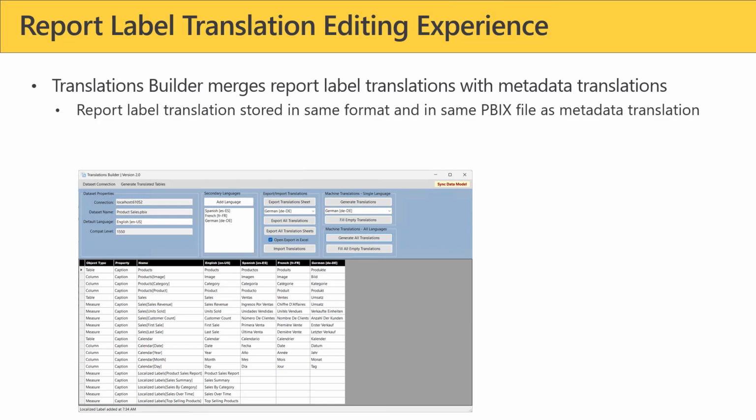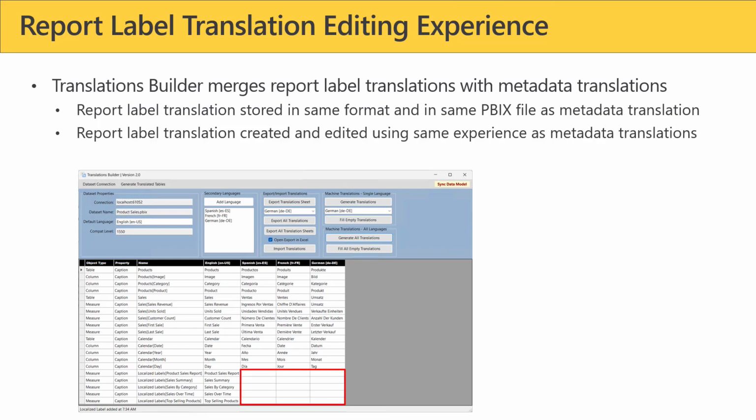That works great, except now the translations for one project are spread out across two different files and two different formats. So what's really nice about this is not only do we put report label translations into the same format and the same storage, we also give the exact same editing experience as metadata translations, because basically report label translations are metadata translations.